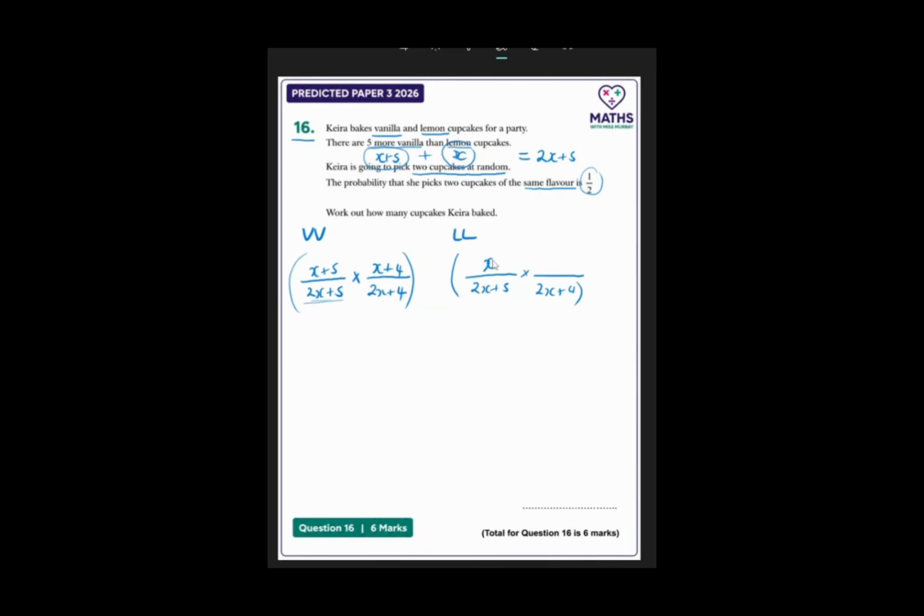Once she's taken a lemon, the probability of a lemon is going to reduce by 1. So that'll be x minus 1 because there's one less lemon cake when she goes to take the second. So that's lemon, lemon. And if I can have either of these options, I would add those options together. And I'm already told the answer here. That equals a half.